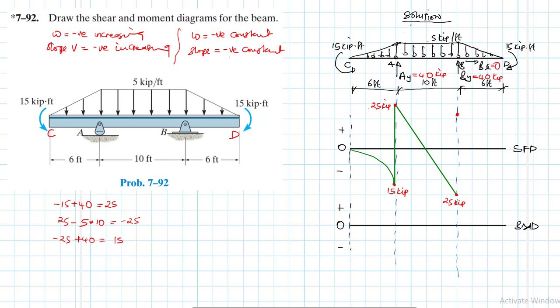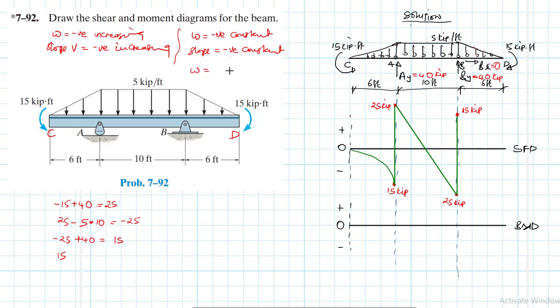Somewhere there, okay, somewhere there like so. So this point is a 15 kips. Then from 15 we have a distributed load.